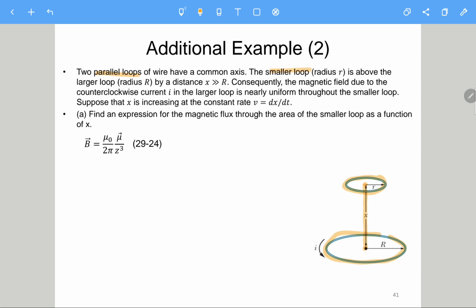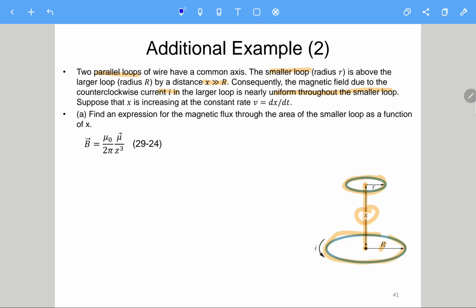And the smaller loop is above the larger loop by a distance x, which is much larger than R. So this distance is x and it is much larger than the larger radius. Consequently, the magnetic field due to the counterclockwise current I in the larger loop is nearly uniform throughout the smaller loop.